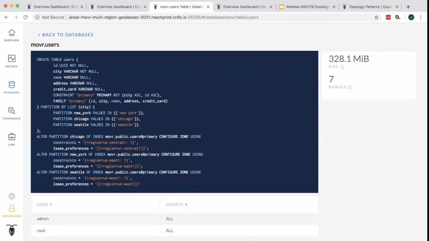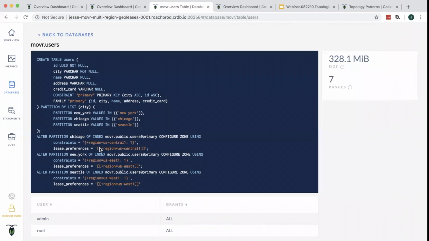We said the leaseholder for that partition needs to also be in the US Central region. What this is all about is that traffic from Movr in the Midwest is always going to find a local leaseholder. The leaseholder for the Chicago partition is always local, so those read requests never have to leave the region and therefore are very, very fast. And we did the same thing with New York, and we did the same thing with Seattle.